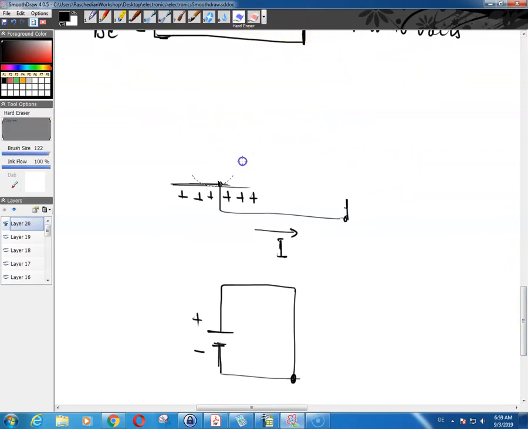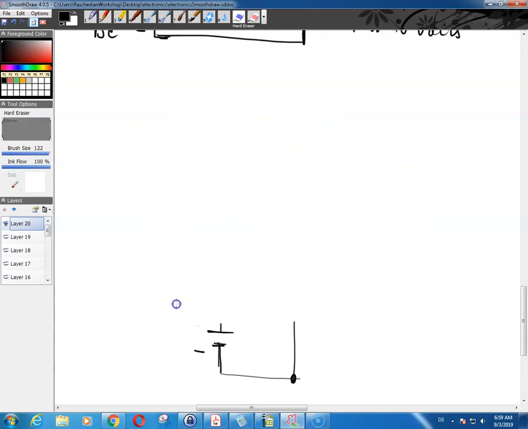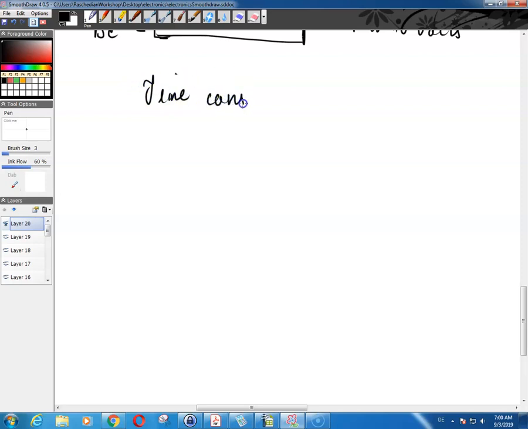There is something called the time constant, and there are a couple more words related to the vocabulary of capacitors that you need to learn.